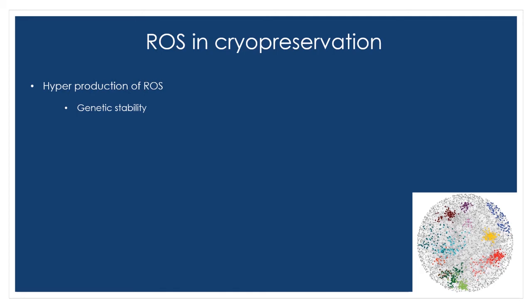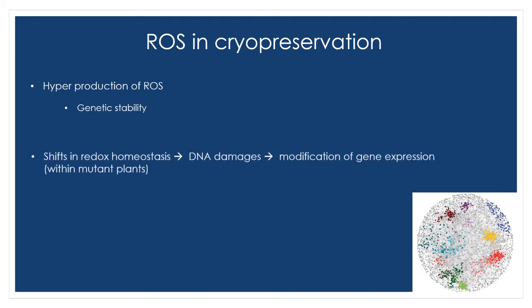Shifts in the redox homeostasis, or stress disbalance of a normal cell, can lead to the DNA damage we previously mentioned, which can then affect the gene expression, especially within the mutant plants, which are part of this research. Thereby, optimization of cryoprocedure is important in order to reduce or avert cryogenic stress.